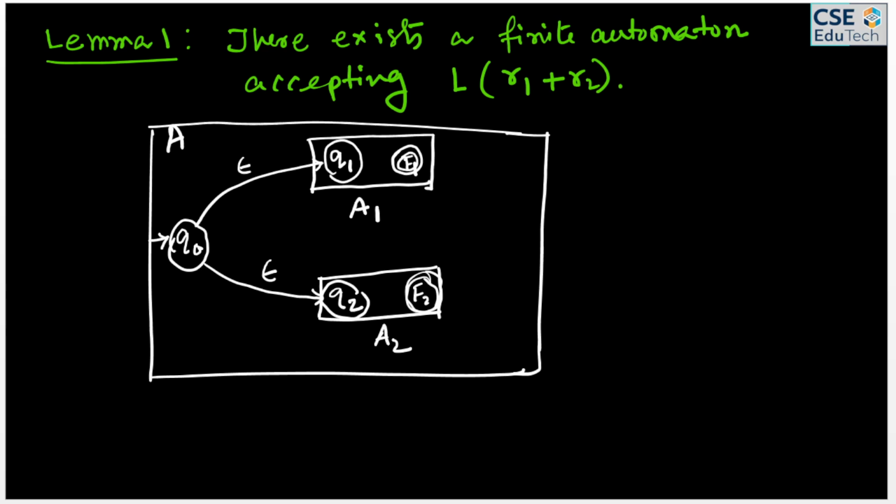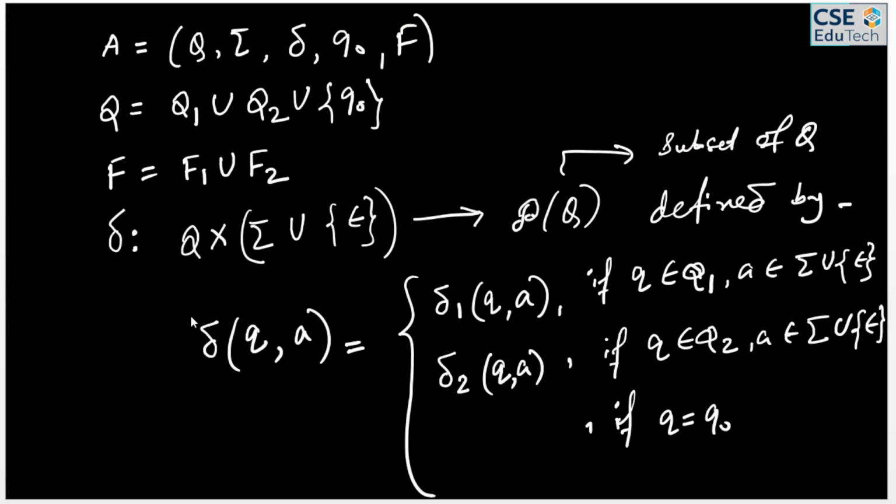Then what are the states after transition delta Q A? In that scenario there will be a choice. It may be Q1 or Q2, and A should be equal to epsilon. Your input is epsilon, then you can go to Q1 or Q2.